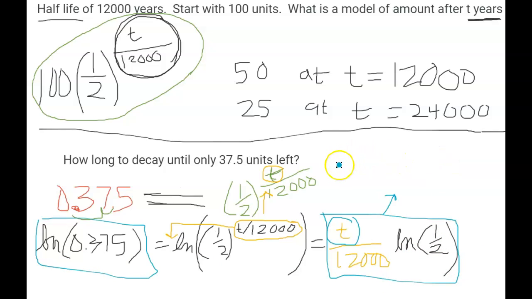Clearly, this is now calculator work, right? Type it in very carefully. It is 12,000 times the natural log of 0.375, and then we are dividing by the natural logarithm of 1/2.